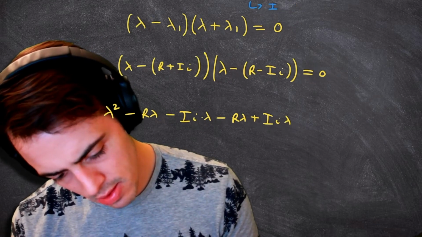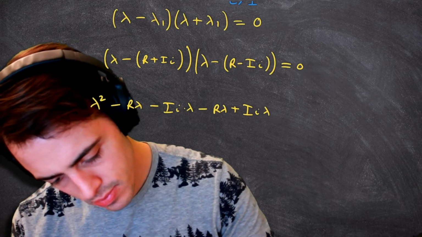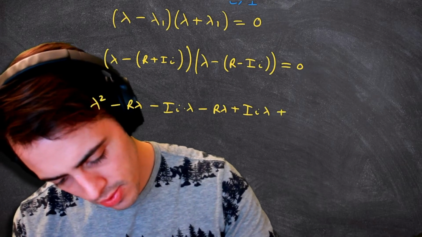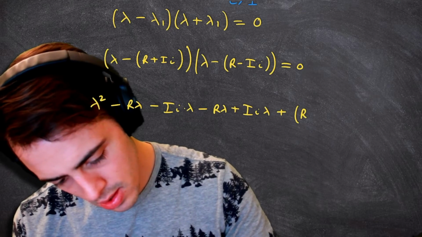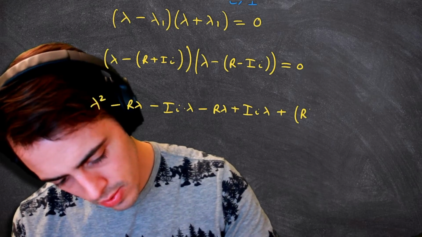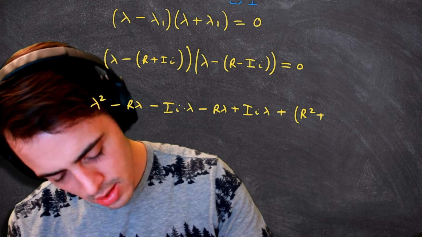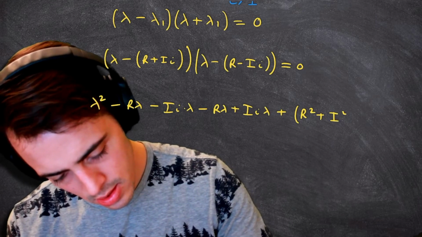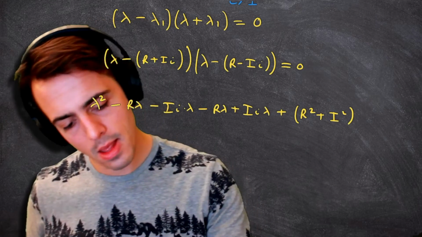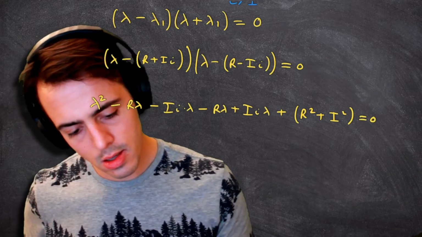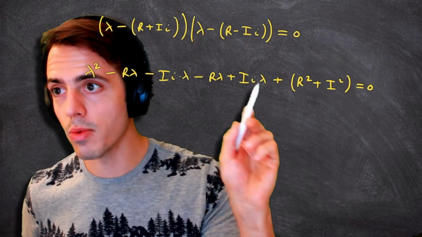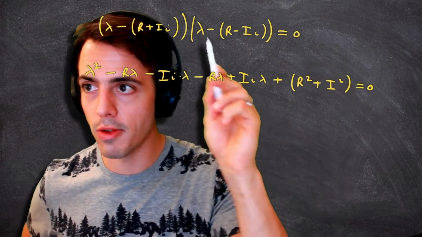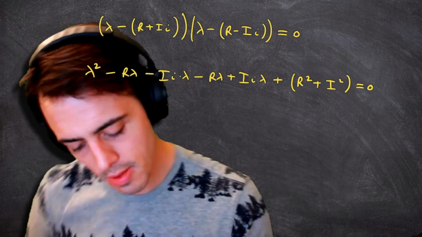So I'm going to get plus r squared plus I squared here. There we go. You might want to just confirm when you multiply these two out, the I's cancel, but I know from doing this that those do.